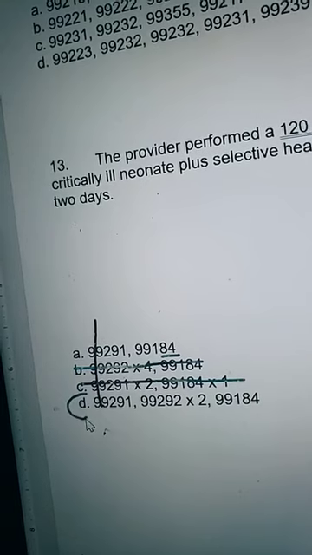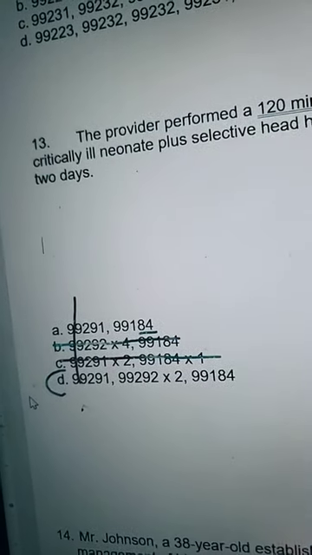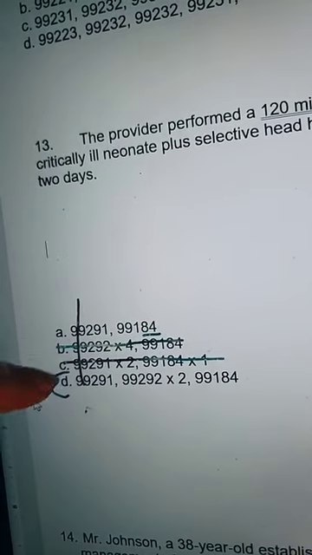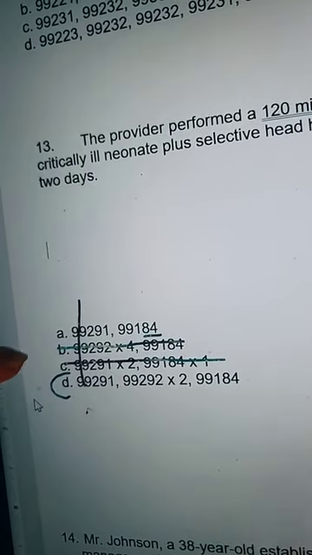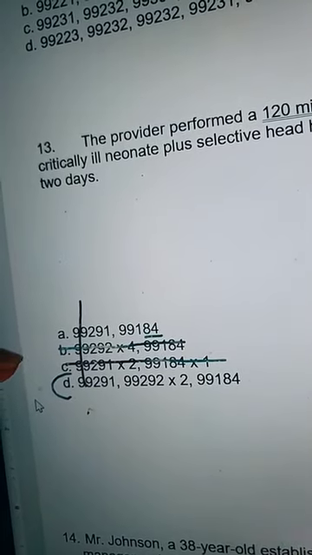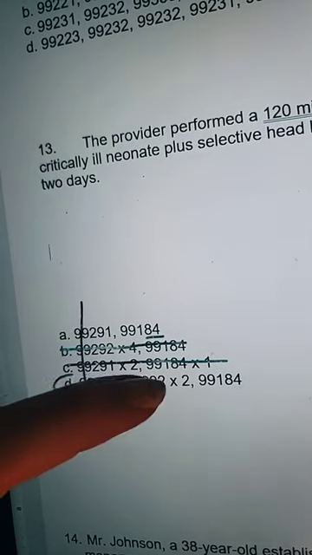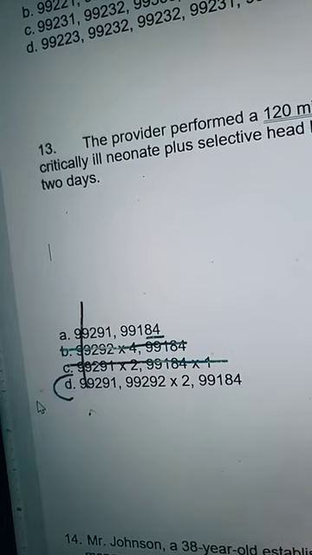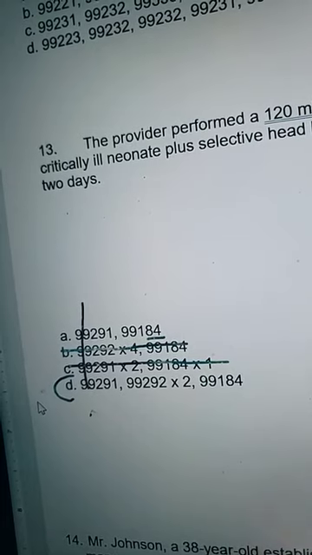You need to be able to evaluate these numbers numerically and look for logical coding errors like modifiers that shouldn't be there, a times 2 when it could possibly be more like an add-on code or you need a modifier.